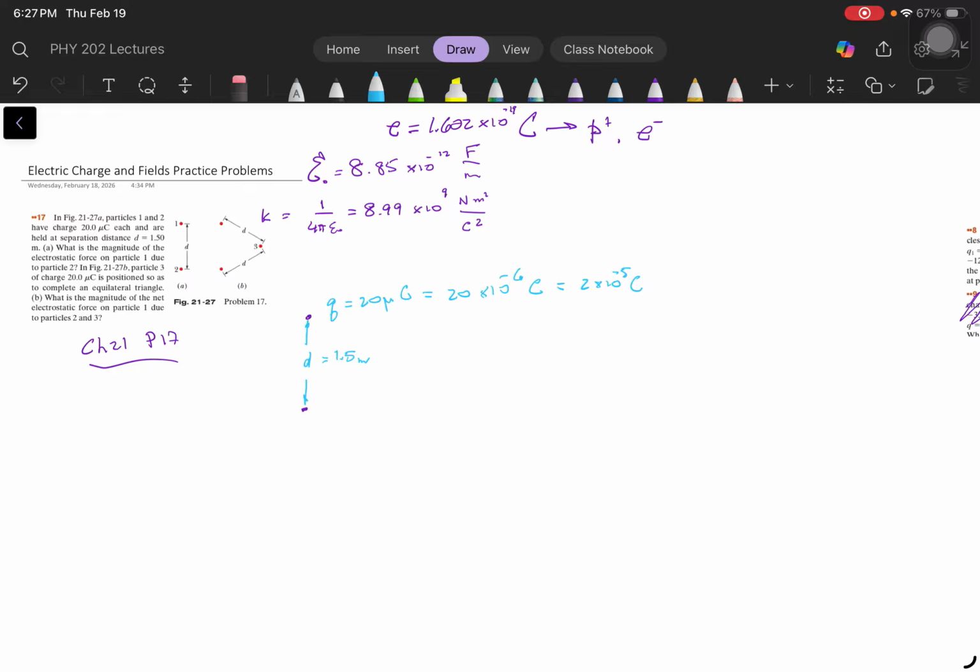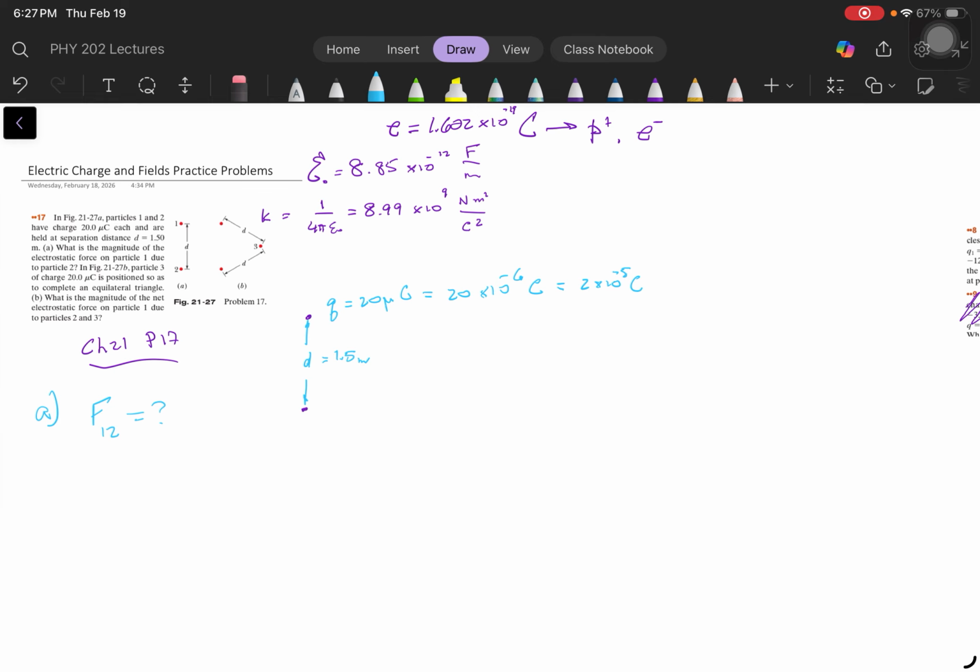And in part A, we want to know the magnitude of the electrostatic force on particle 1 due to particle 2. So F12 is equal to something.